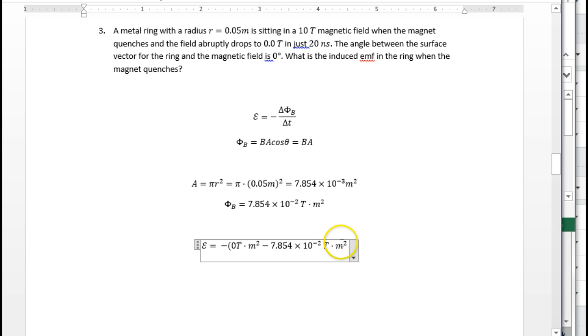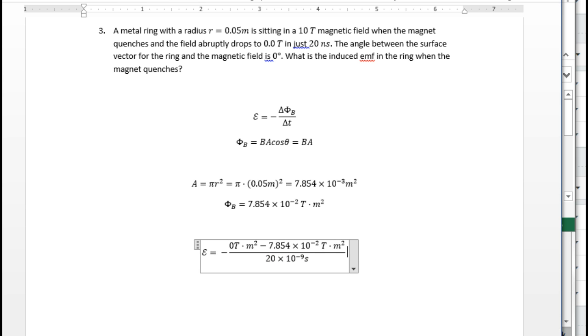So that's the change in flux. And remember, it's always final minus initial, and this happened in 20 nanoseconds, or 20 times 10 to the minus 9 seconds. That's nanoseconds.